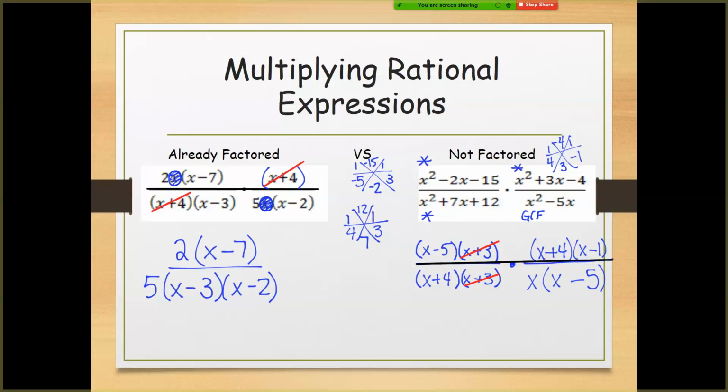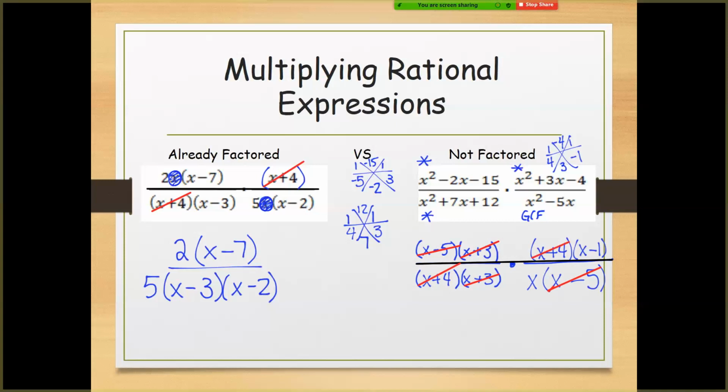So I can cancel anything on either top with either bottom. So I can also go in and cancel this x minus 5 with this x minus 5. Yeah, they were originally on different fractions, but one's in the numerator, one's in the denominator. Same way with the x plus 4 and the x plus 4.